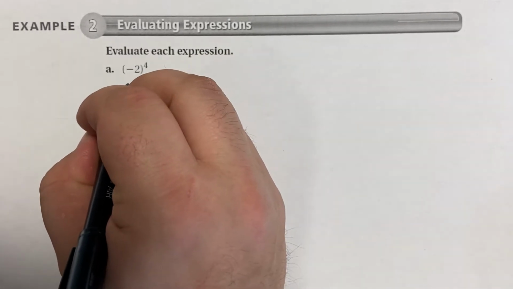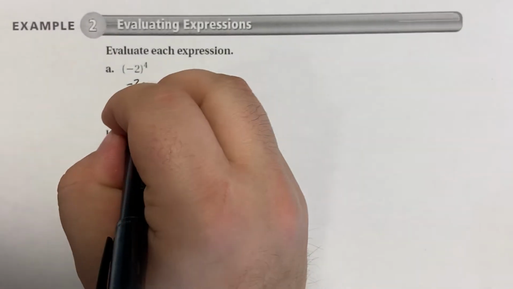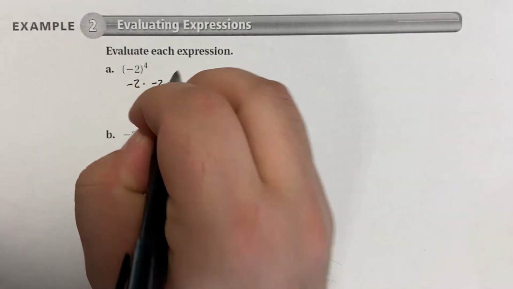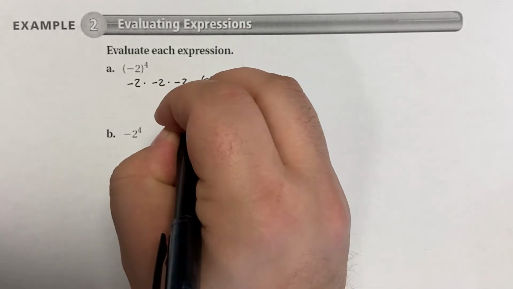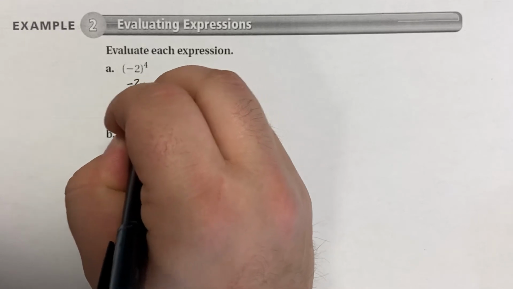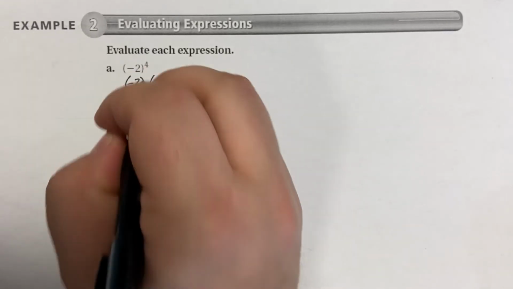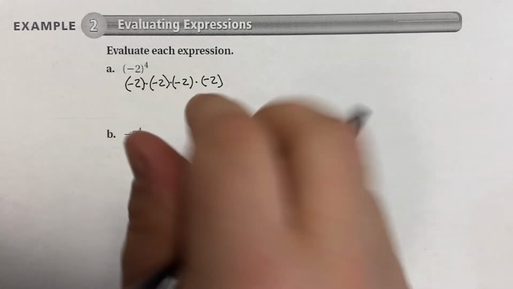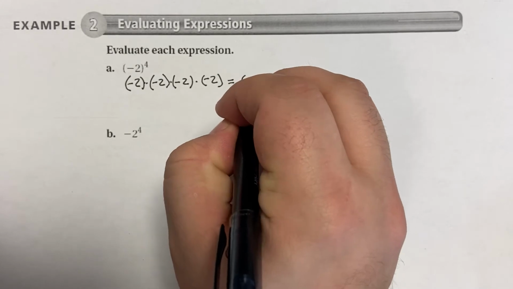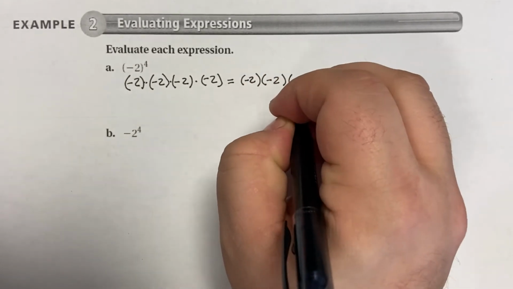So what this means is I'm going to write negative 2 four times, and each one should be in parentheses. Now, since parentheses themselves also mean multiplication, that means I could have just written this, and it's the same thing.